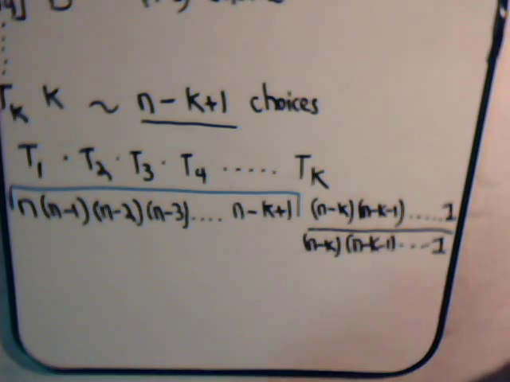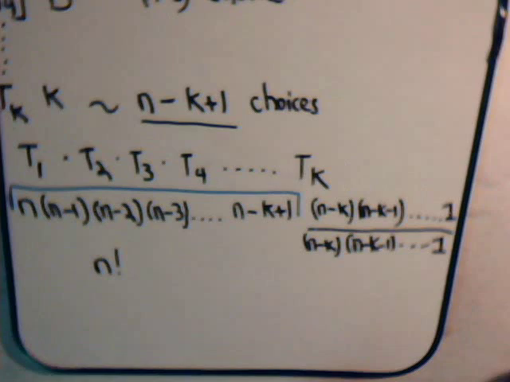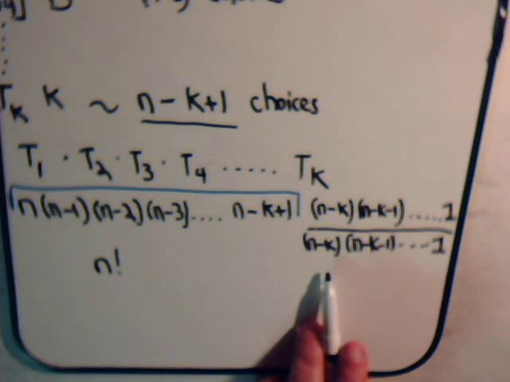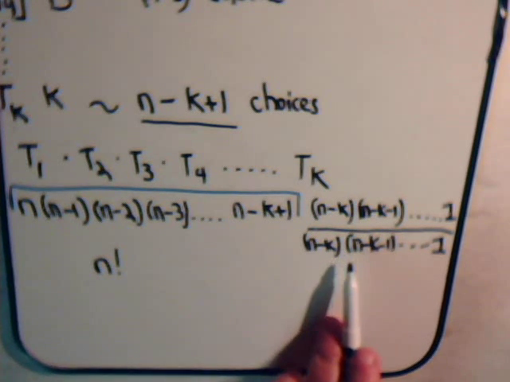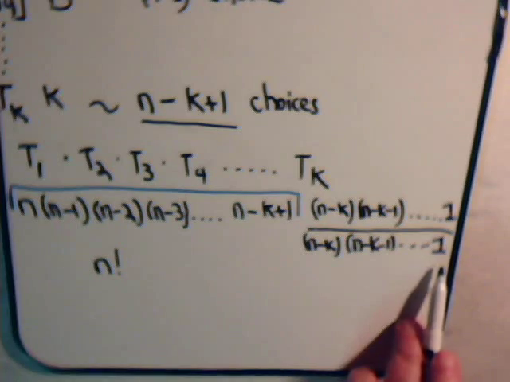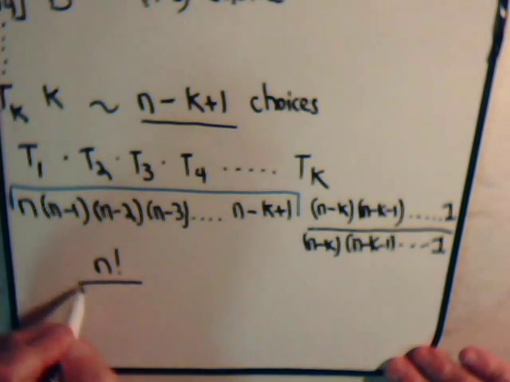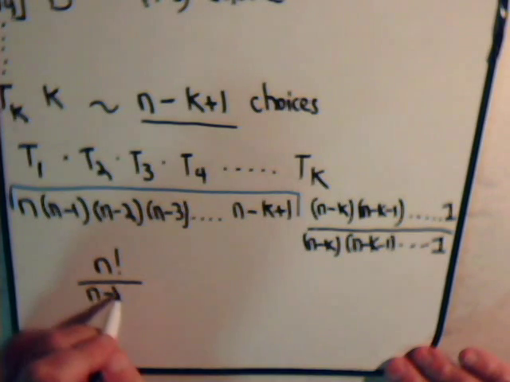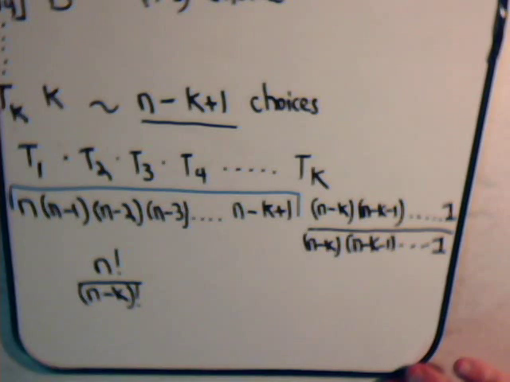So the numerator is just n factorial. And down here in the denominator, we start with n minus k, and we keep going progressively smaller by 1 until finally we reach the numeral 1. So the denominator is n minus k factorial.